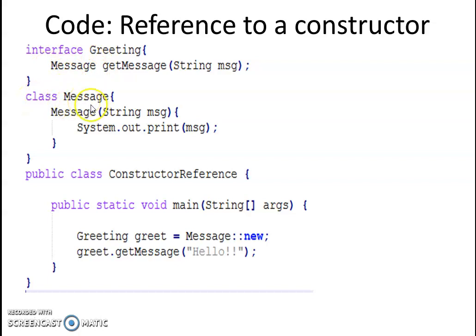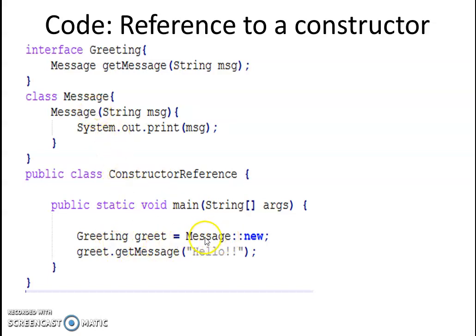Inside Message we have one parameterized constructor. This constructor takes one parameter of string type and prints this message. Now we have one class named ConstructorReference. So far we have one functional interface, one class named Message, and another class named ConstructorReference. Inside the main method we are referring to this constructor.